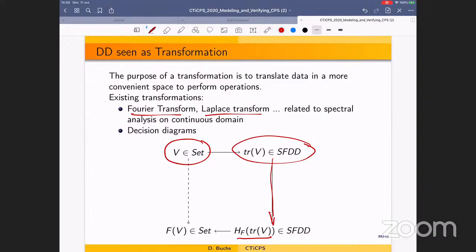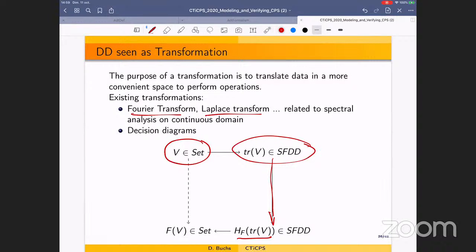But it's really simpler to implement, for instance, a filter on a spectral transformation than on the original signal. So this is the same for data decision diagrams, where there is a set of states, and we want to transform the set of states into a representation which is easier to work on.